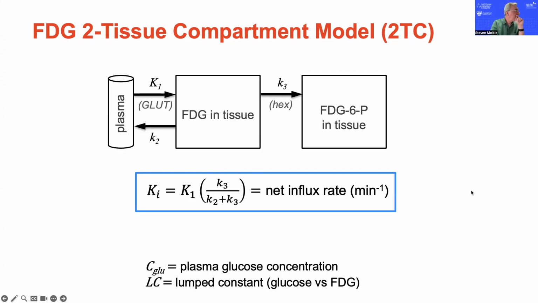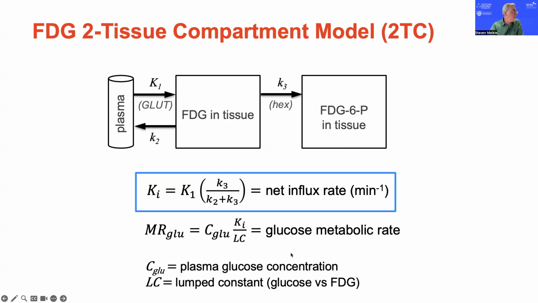Okay. Now, if we wanted to, and if we knew what the patient's blood glucose level was at the time they had the PET scan, we could then go ahead and calculate the metabolic rate of glucose. So that's more of a physiological measurement rather than a model parametric measurement.